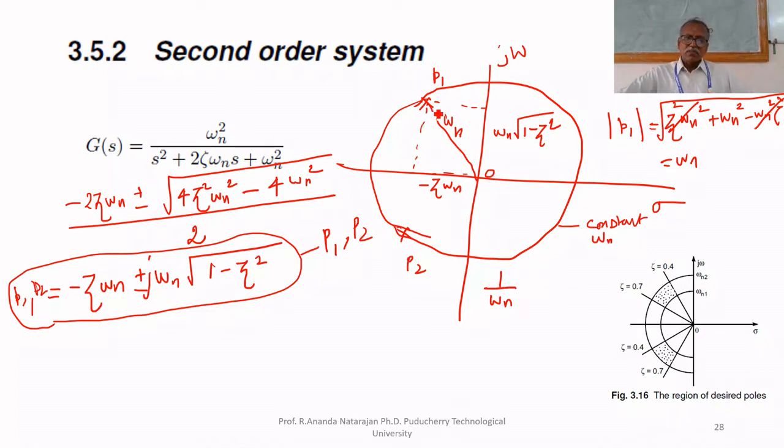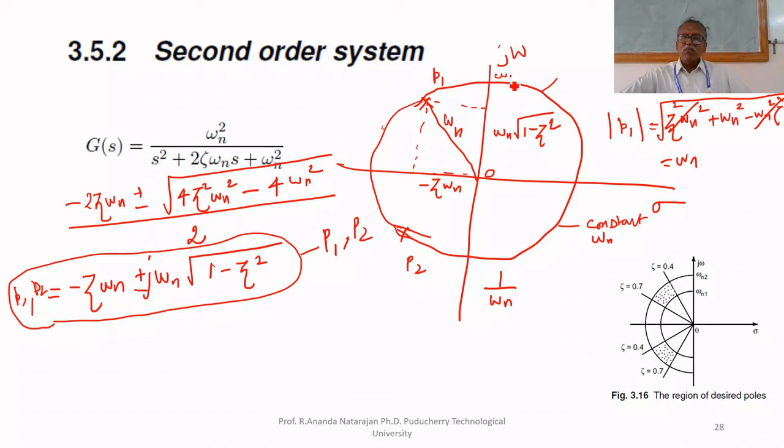If you select any point, the time constant will be constant along this circular path. Or the circle may be called the constant natural frequency circle. Any pole on the circle has omega n of the same value.